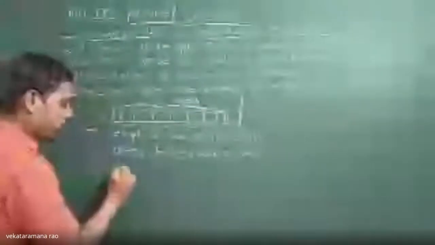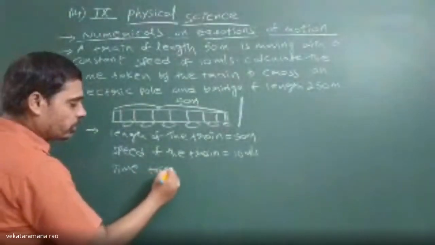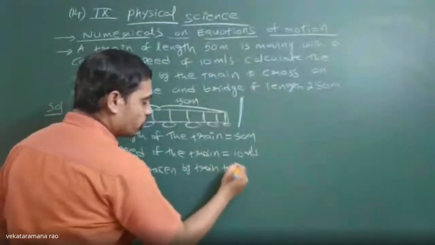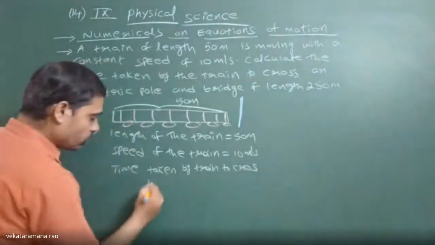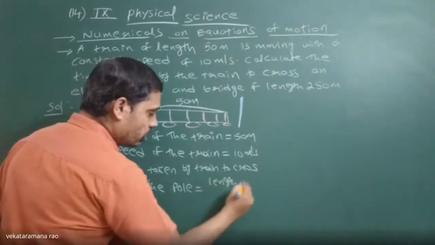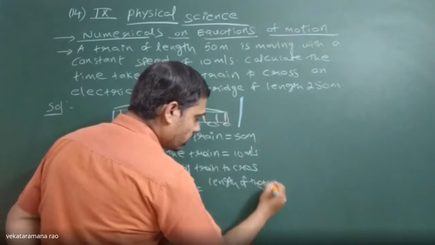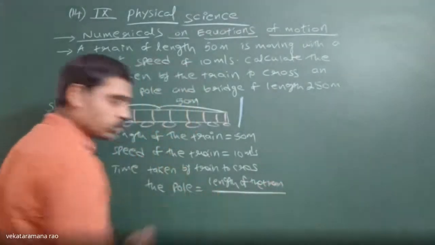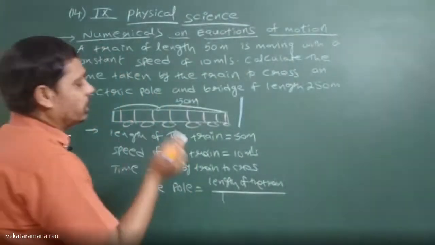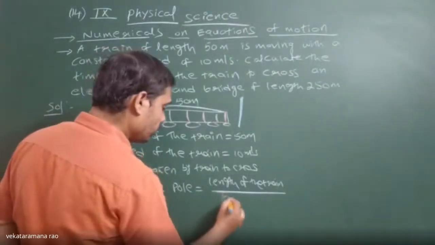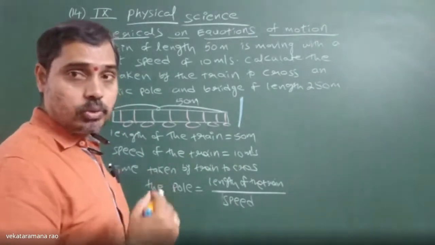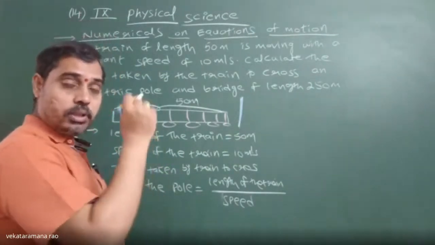Then the time taken by the train to cross the pole is equal to the length of the train divided by speed, because speed is equal to distance by time, so time is equal to distance by speed.